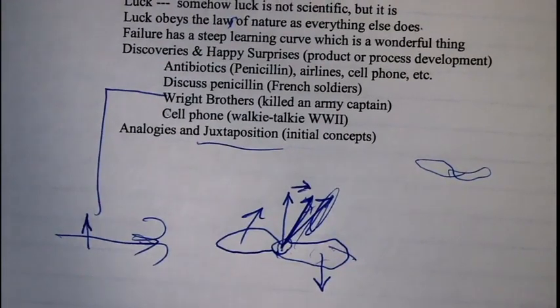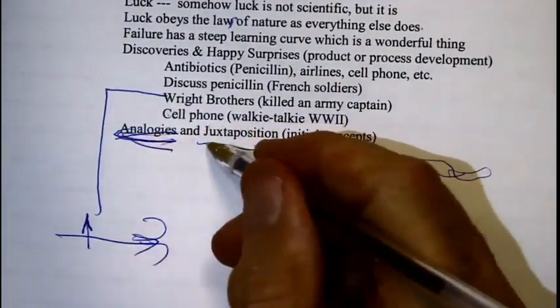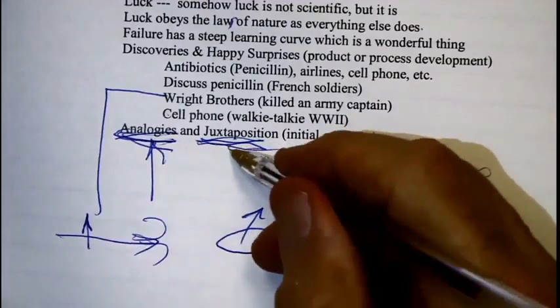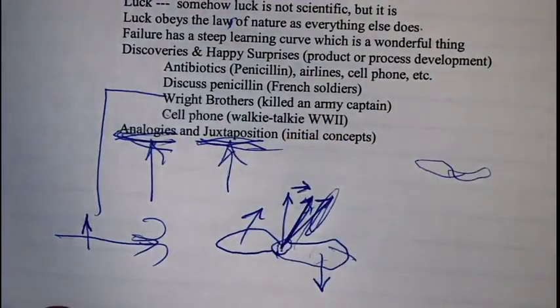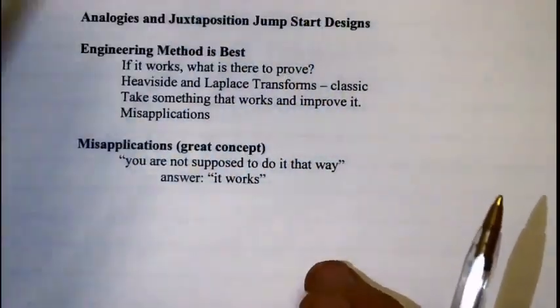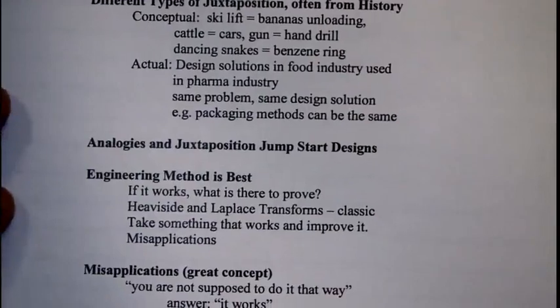Anyway. So you can go a long, long way with analogies and juxtaposition. And these are not very well taught in engineering as well. At least I don't think they're taught very well. So let's go through some of these just for fun and see what happens.